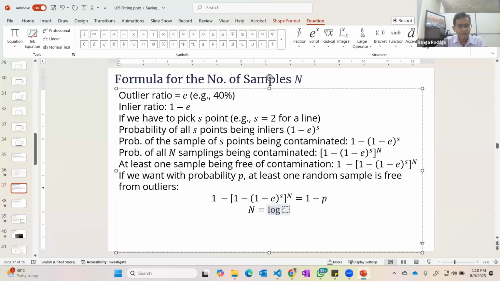Log of 1 minus p divided by log of this.